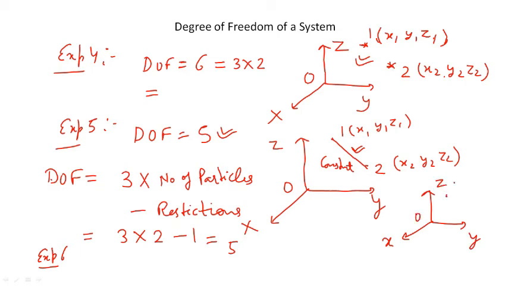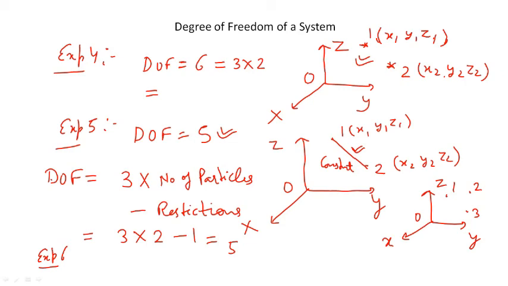This is particle number 1, this is particle number 2, and this is particle number 3. Say particle 1 has the coordinates x1 y1 z1 at an instant. Particle 2 has the coordinates x2 y2 z2 at an instant, and particle 3 has the coordinates x3 y3 z3 at an instant.